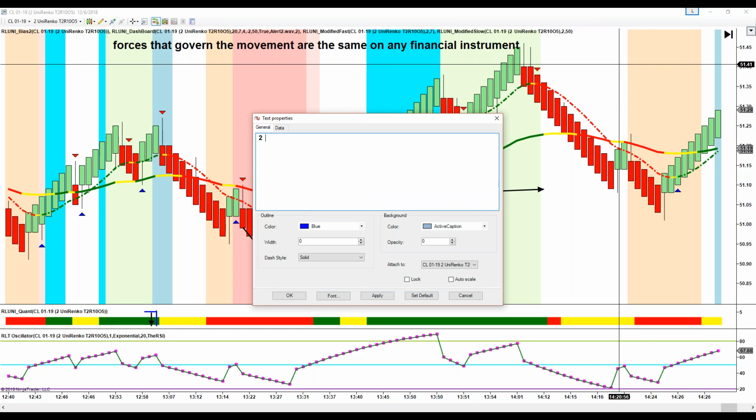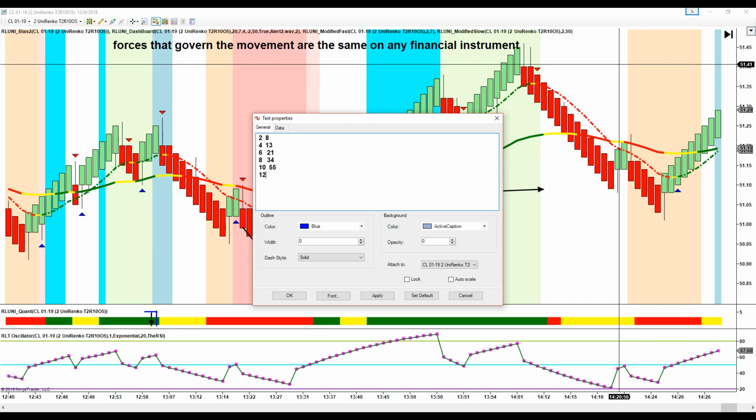If it's a 2-unit Renko, it's an 8. If it's a 4-unit Renko, remember it's the next fib, it's a 13. If it's a 6-unit Renko, it's a 21. If it's an 8-unit Renko, it's a 34. If it's a 10-unit Renko, the inputs are 55.